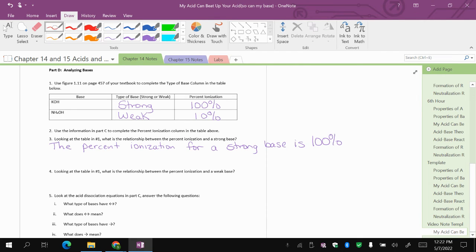You need to memorize that group 1 and group 2 metal hydroxides are strong bases.